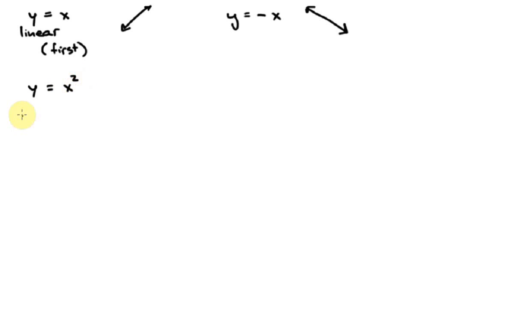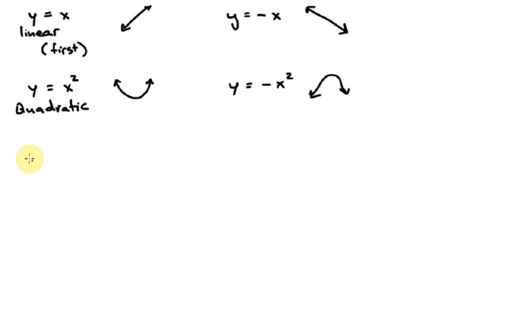Let's get to the new ones here, or maybe we remember these ones. The 2nd degree is called quadratic. And a quadratic graph is basically like taking the front end here and putting a bend in it. So we get our parabola opening up. Or we might have a negative in front of the x squared, and this would cause the parabola to open down.